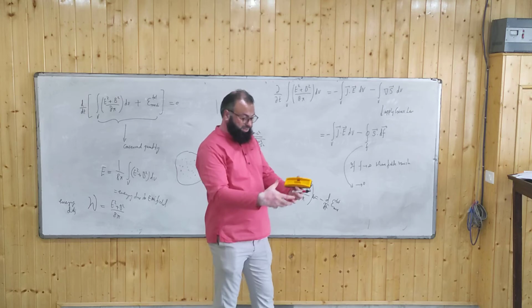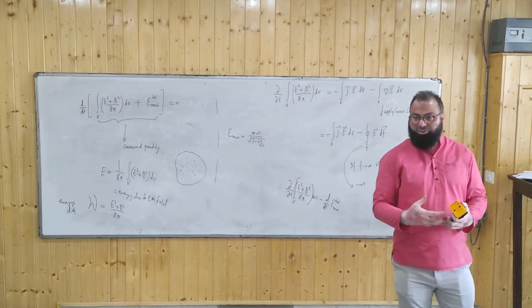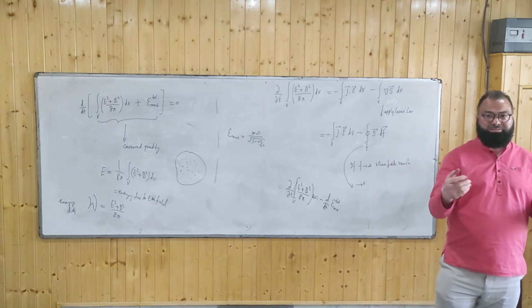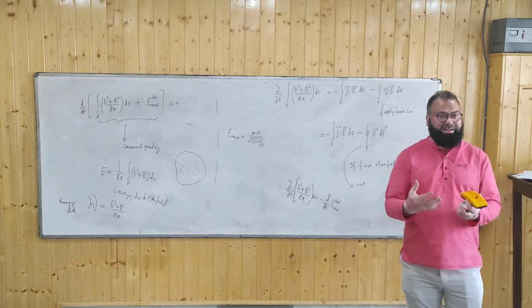So what have we considered? We have considered a very large region, where we have assumed that at the boundary of that region the fields vanish. Clear? But it is possible to consider a finite region.